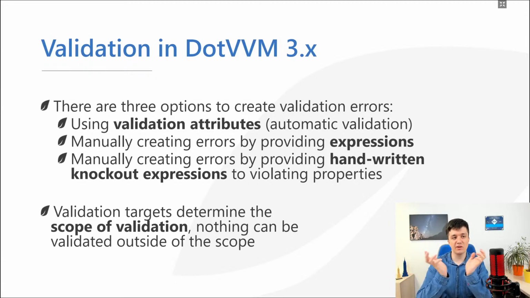So you would naturally set the validation target only for that smaller part of the view model, because that's the part that you want to actually validate only. And in the recent versions, you were not able to create any errors outside of this validation scope. It just wasn't possible.